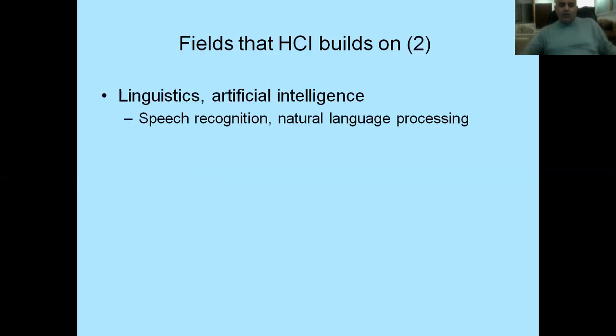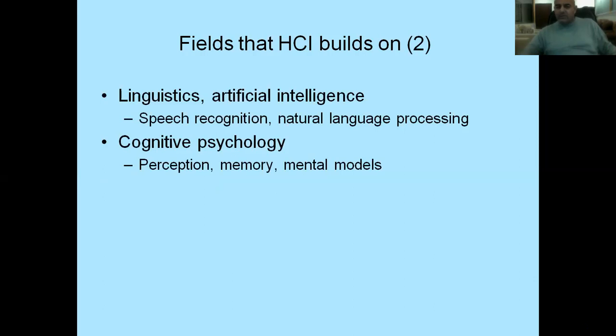We also have linguistics, artificial intelligence, speech recognition, natural language processing. We have cognitive psychology: perception, memory, mental models, everything to do with the mind.